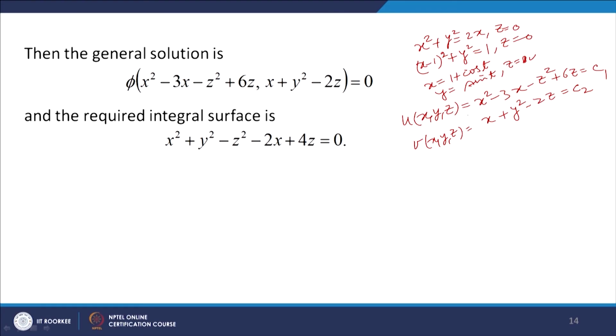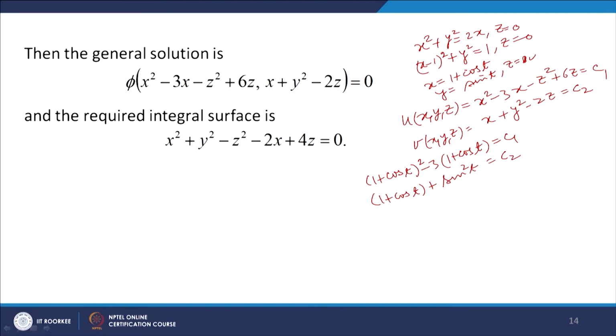So, x square minus 3x: 1 plus cos t whole square minus 3 times 1 plus cos t minus z, z is 0, so we get 0 here, here also 0. So, this is equal to C1 and then we have x is 1 plus cos t in the second equation, and then we get plus sin square t and z equal to 0. So, this is equal to C2.